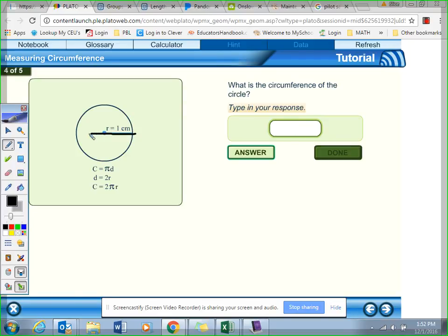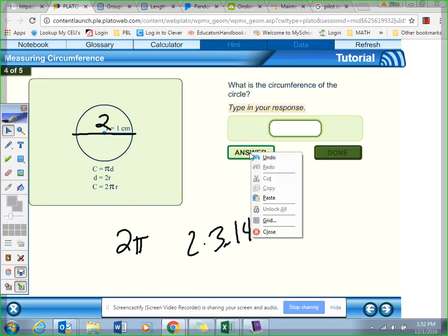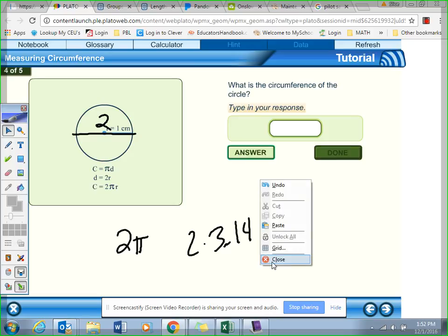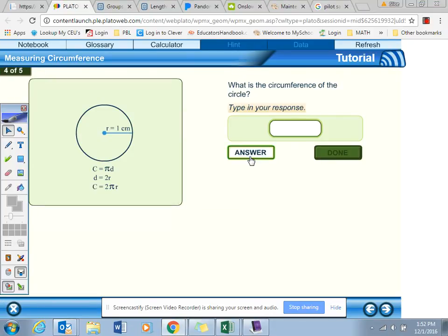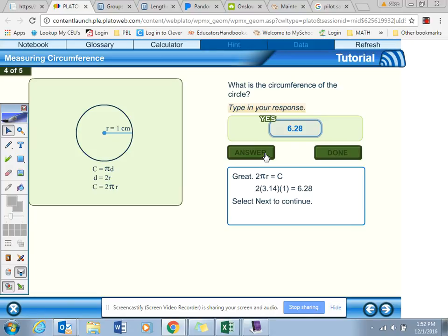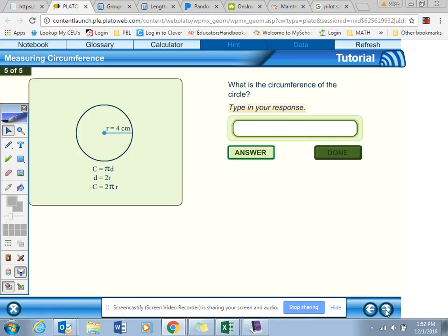And when you get that diameter of 2, it's just 2 times pi. So 2 pi is the circumference, but they want you to do 2 times 3.14. And then you're good. So you do that, you're good to go. 2 times 3.14.